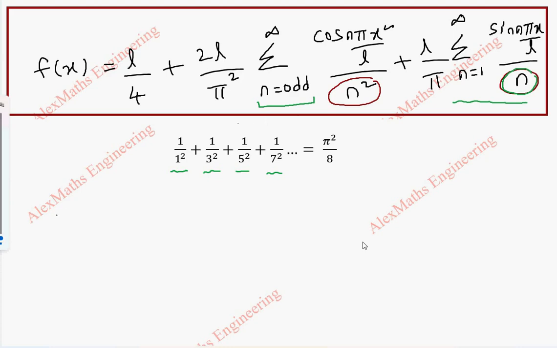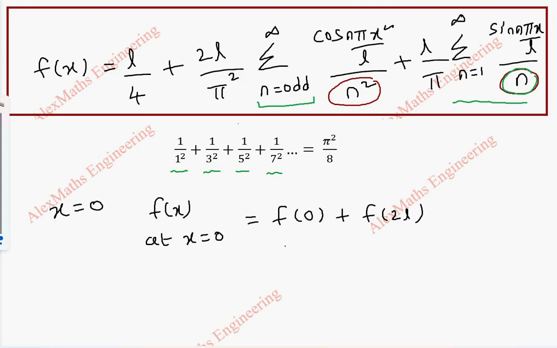So let's take x as 0. So f of x at x equal to 0, since 0 is the extreme value of the interval 0 to 2L, we find the function value by taking f of 0 plus f of 2L whole divided by 2.